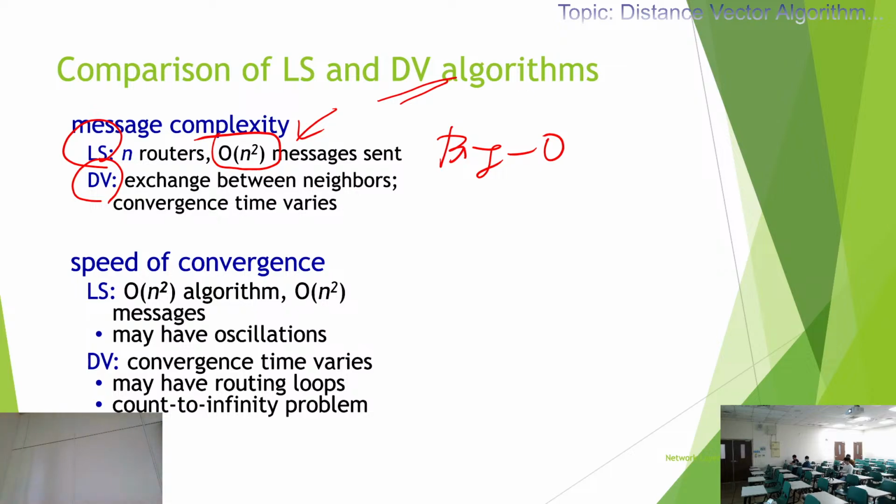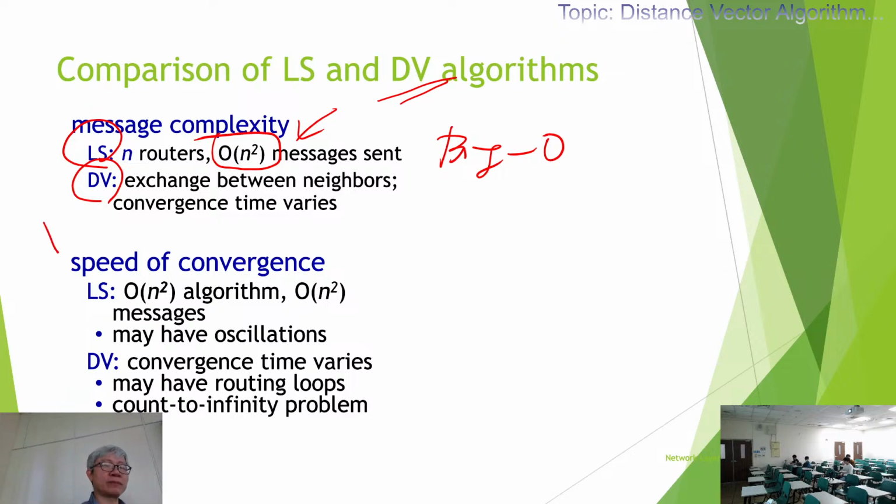However, for DV, we don't have a specific big O notation because it pretty much depends, it varies over time. So this is the first one, message complexity: how many messages are sent through the link state algorithm and through the distance vector algorithm.